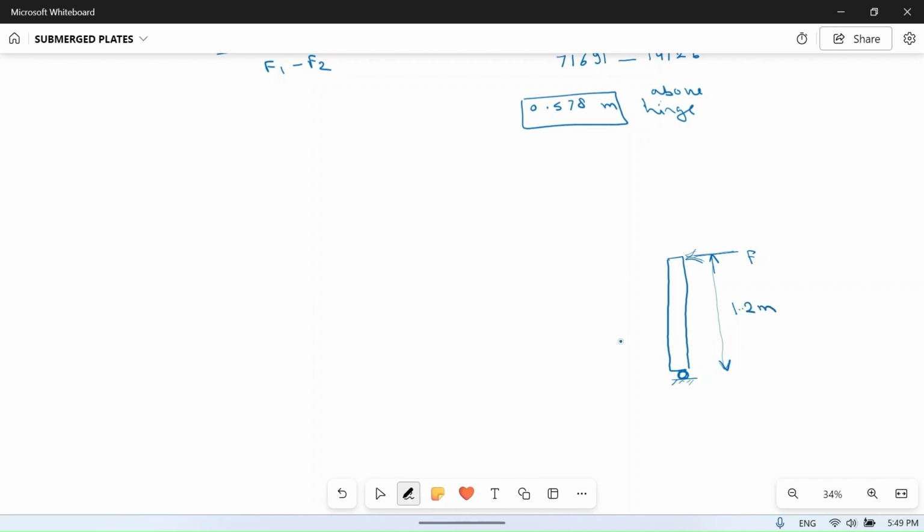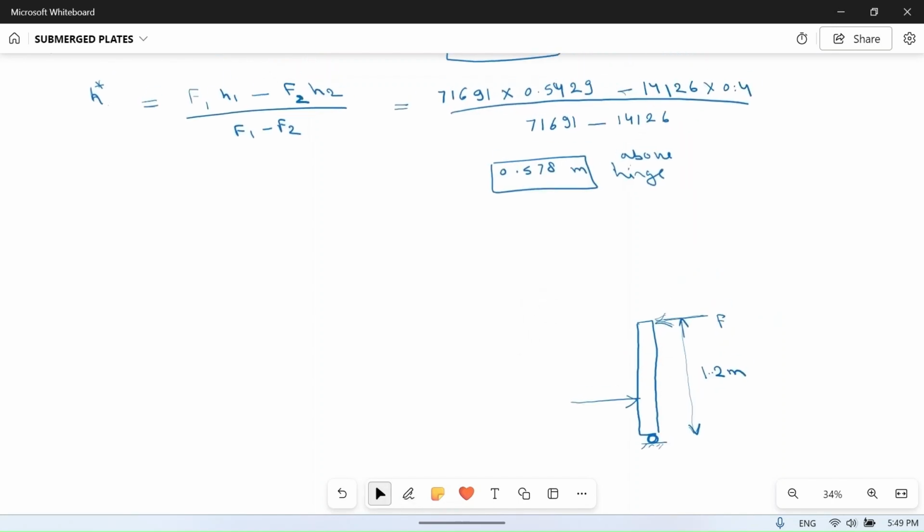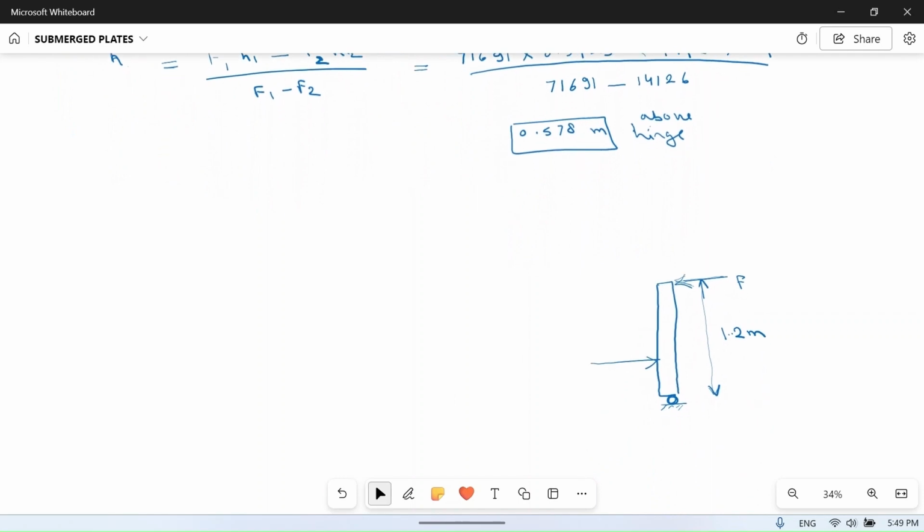Now we know that the resultant force was 57565, and the distance at which it is acting is 0.578.